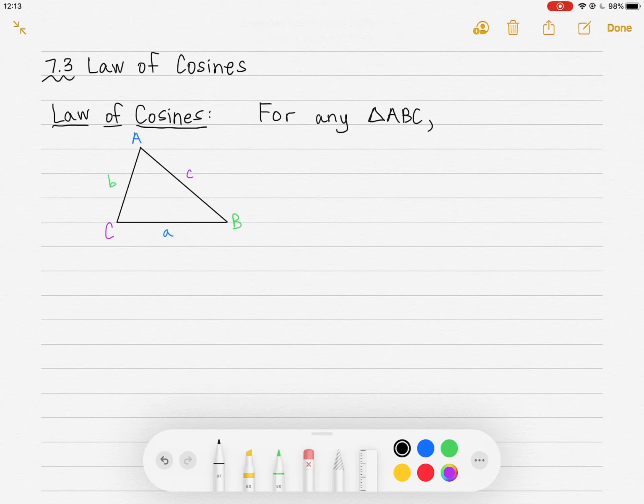In this video, I'm covering section 7.3, which is on the law of cosines.